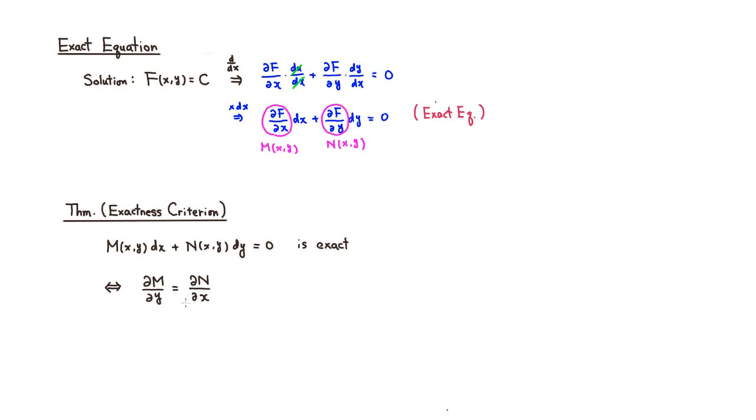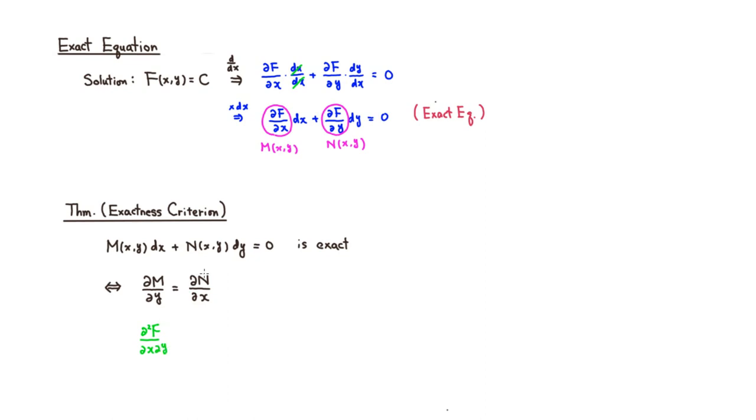We're not going to go through a proof, but if it's an exact equation, M is already a partial of F with respect to x. If you take the partial of M with respect to y, you are actually looking at the second partial of F with respect to x, then with respect to y.